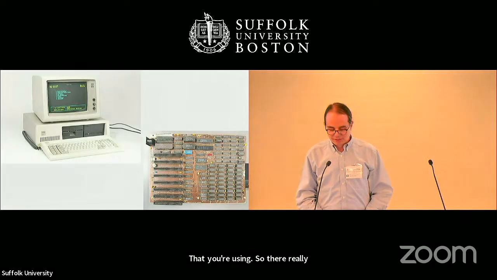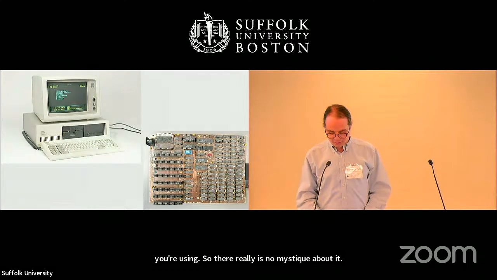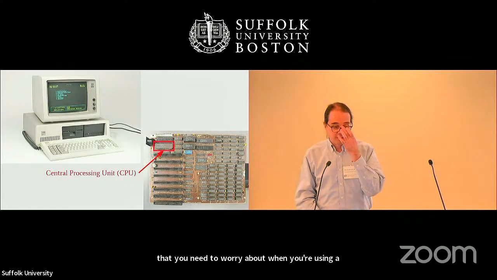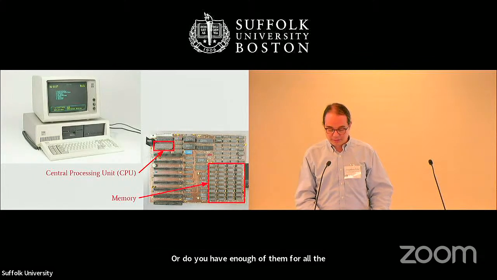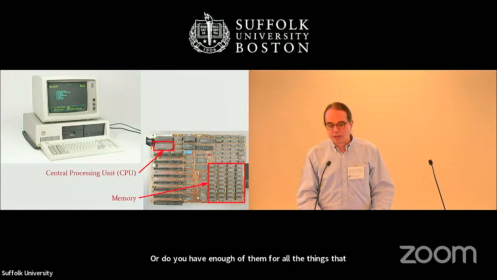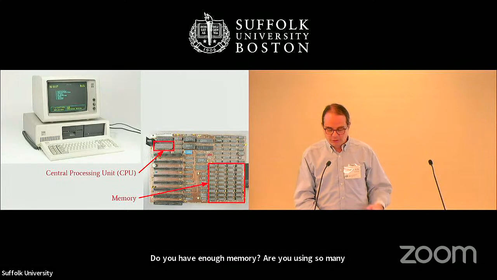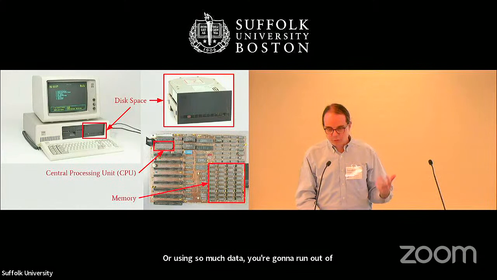A computer is a computer, and there are certain things that you need to worry about when you're using a computer. First is your computer's processor fast enough, or do you have enough of them for all the things that you want to do before it starts acting slow? Do you have enough memory? Are you using so many simultaneous applications that you're going to run out of it? Or are you using so much data you're going to run out of it? And then another thing you have to worry about is, am I going to run out of hard drive space?